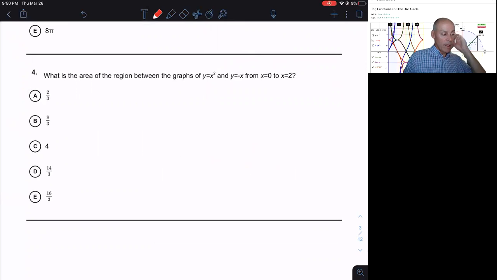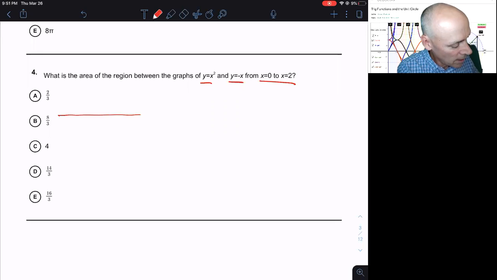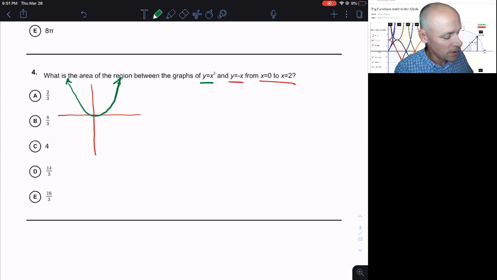Okay, the next one. What's the area of the region between the graphs y equals x squared and y equals -x from x equals 0 to x equals 2? Well, again, a sketch might be the easiest way to go. So if I sketch this out, x and my y-axis, and I sketch y equals x squared, it's just a quadratic parabola that goes through the origin.